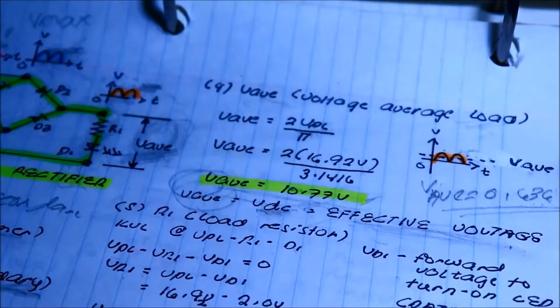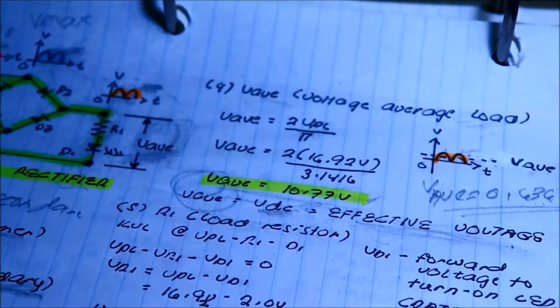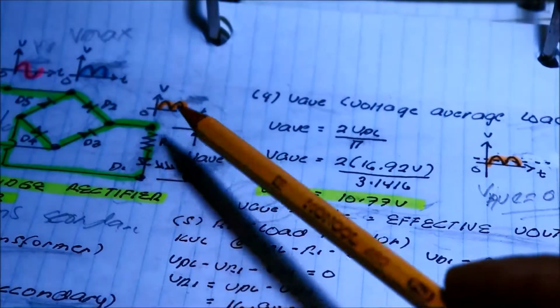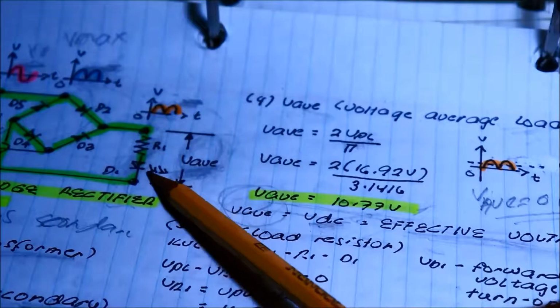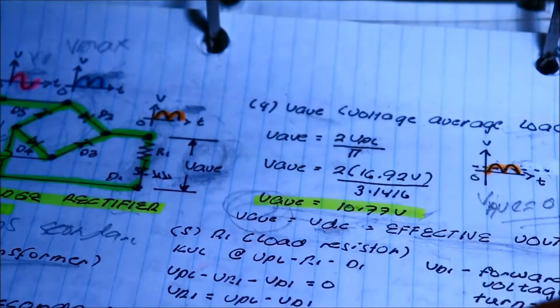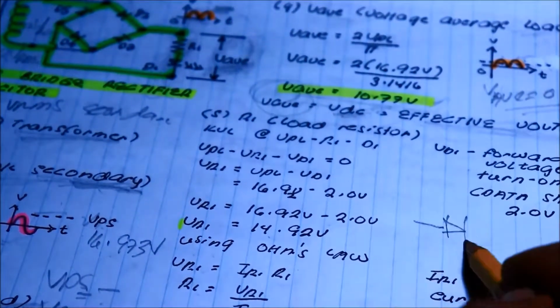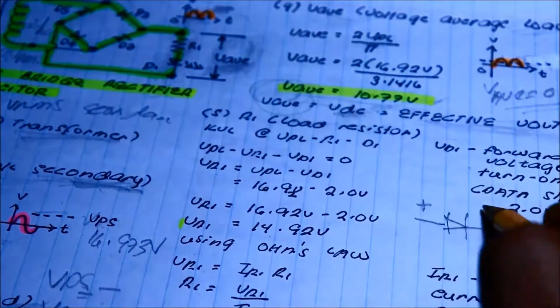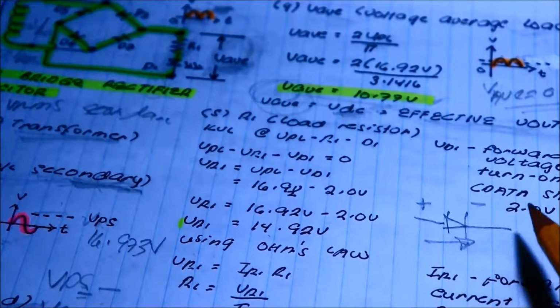And then the next problem to solve is the load resistor. Why do we need a load resistor? To limit the current flowing through the LED. If this is the LED symbol, it has a forward voltage.